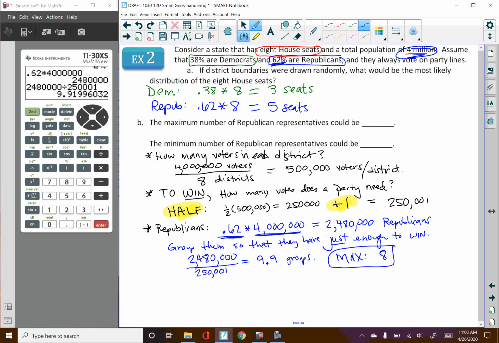Now, to figure out the minimum number that the Republicans could win, we actually have to think about the Democrats for a minute.